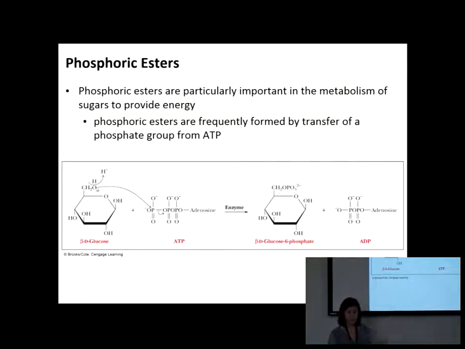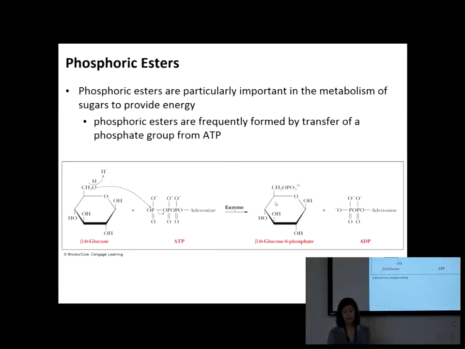So this oxygen is sterically able to attack the phosphate of an ATP. There's a lot of tension in these phosphates that are right next to each other. So we form a bond, and then we've phosphorylated. This is a phosphorylation, and we've activated this glucose by adding a phosphate group.